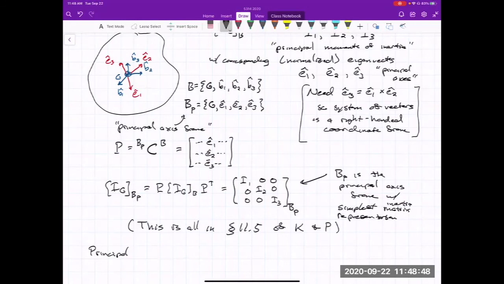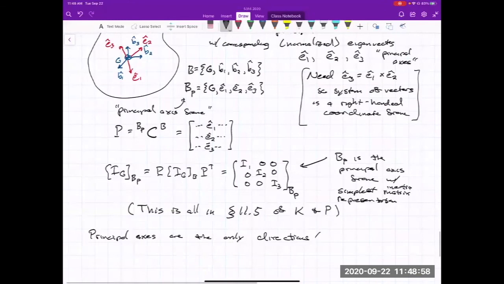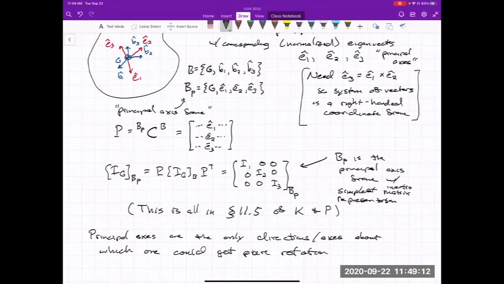So principal axes are the only directions, let's say axes, about which one could get pure rotation of the body. If you take some other direction and you try to rotate the body about that, you'll notice some other weird effect happening, which we'll eventually talk about.